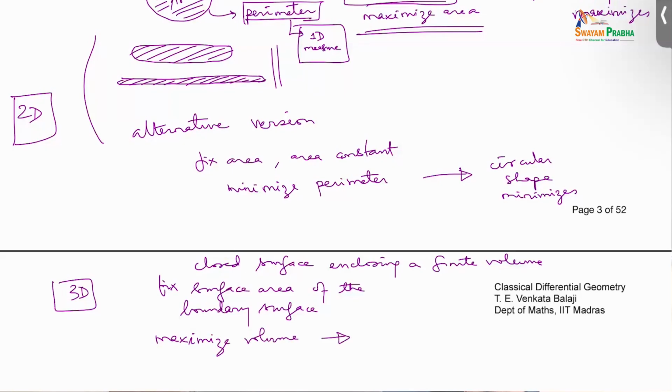Then you get a maximum only for a sphere. The alternate version is that you fix a volume and change the outer surface, and try to minimize the surface area, then again you will get only a sphere.